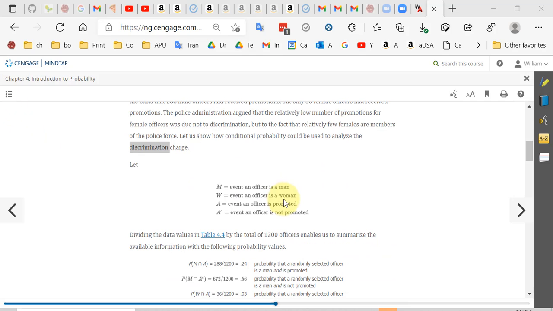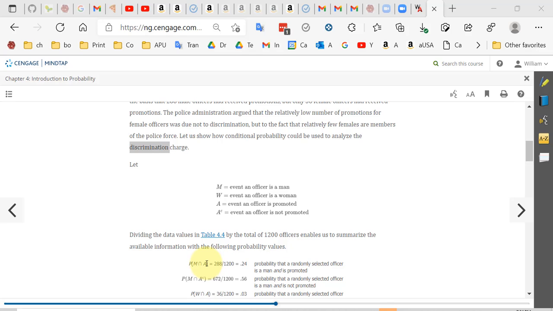Okay, before we attack the conditional probability question, let's think about what this would mean: M intersect A. That's man intersect promoted. But remember, we've said that intersection can be read as the word "and". So we could read this as M intersect A, but we could also read it as M and A. That means male and promoted.